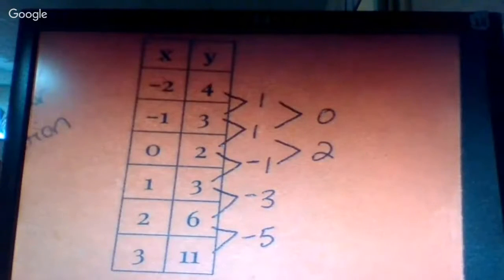This is 1 minus negative 1. Minus a negative becomes plus a positive, which makes this a 2. Okay. So the next one, it's going to be negative 1 minus negative 3. So this becomes plus a positive, so you actually have negative 1 plus 3, which gives you 2.